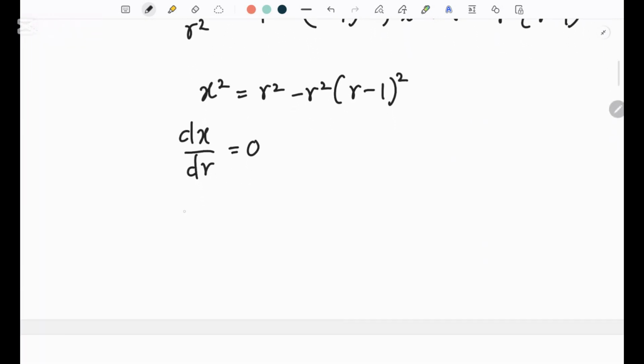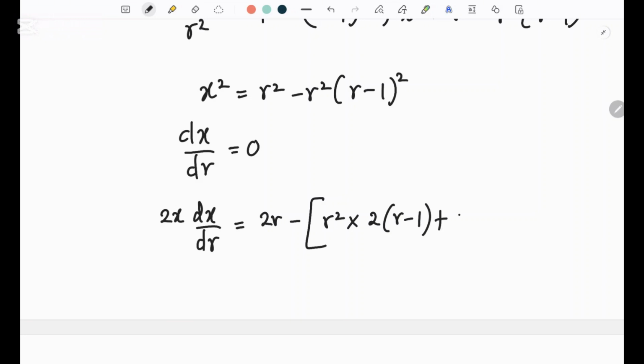Then dx over dr, so now let's differentiate what we have over there. So it's 2x into dx over dr equals 2r minus, now you have to differentiate this using the product rule: r squared into 2 into (r minus 1), plus (r minus 1) squared into 2r.